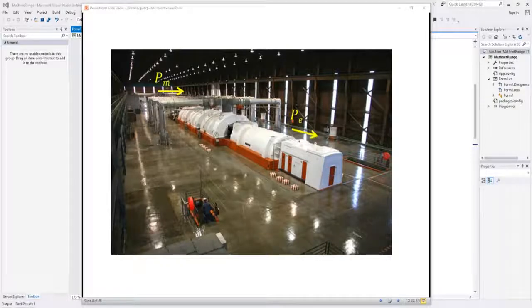So the important concept here is you have mechanical power coming into the generator in the form of steam. You have steam coming into the turbine, and that steam pushes the turbine blades, and that causes this shaft to turn, which turns the generator, and the generator turning generates electricity.